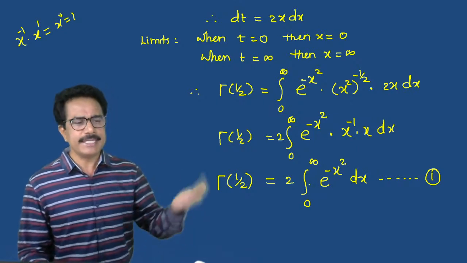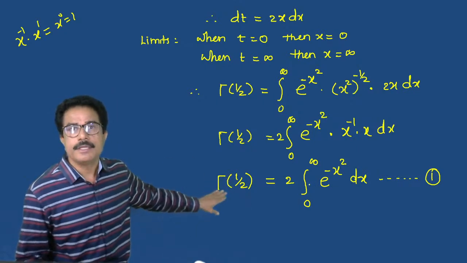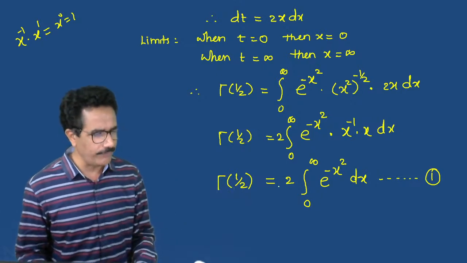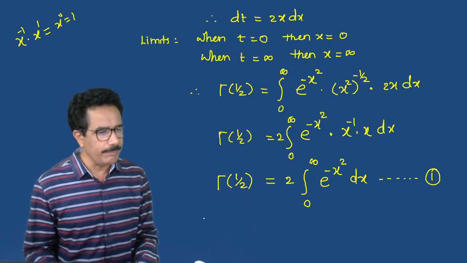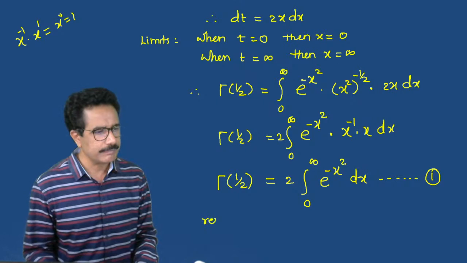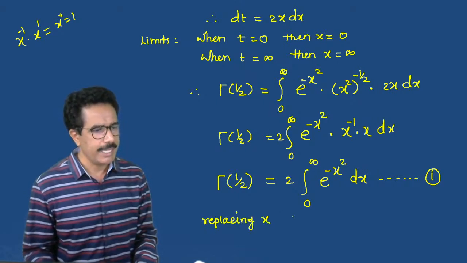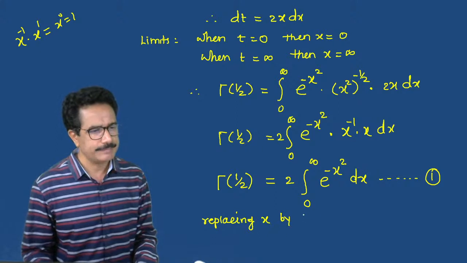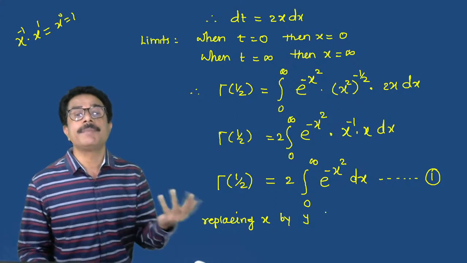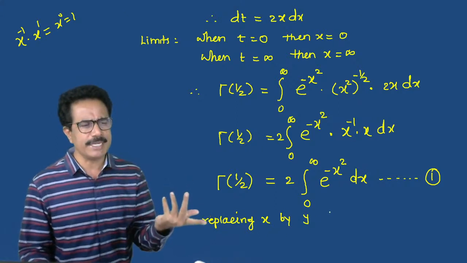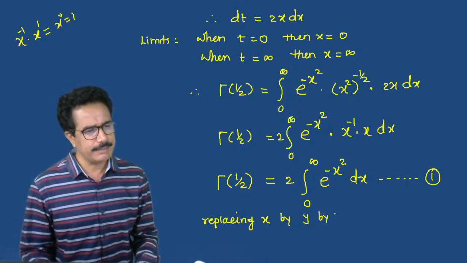Similarly, we can write in terms of y. याला परत आपल्याला in terms of y लिहिता येईल. Now replacing x by y, by the property of definite integral, we can replace.